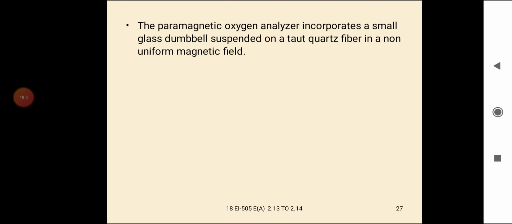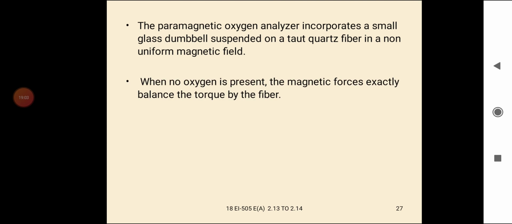The paramagnetic oxygen analyzer incorporates a small glass dumbbell suspended on a taut quartz fiber in a non-uniform magnetic field. When no oxygen is present, the magnetic forces exactly balance the torque of the fiber.